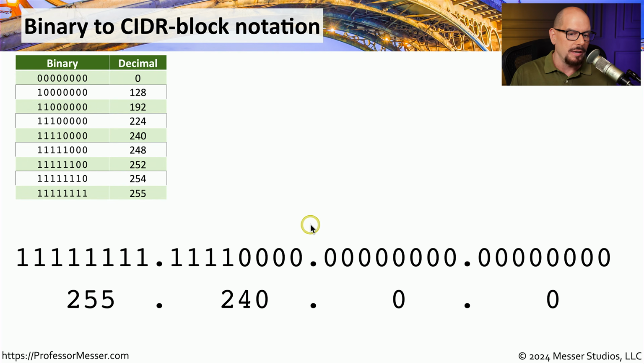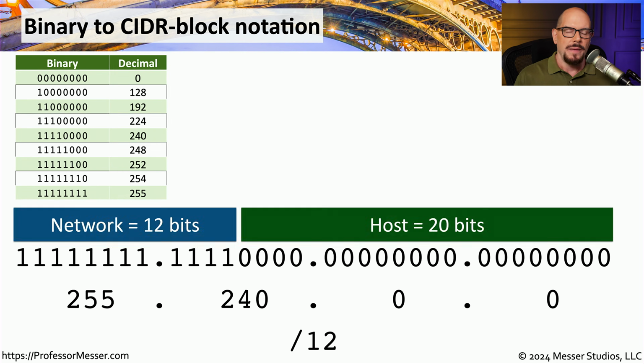And if we were to count the number of ones, we know that correlates back to a /12. So a /12 CIDR notation is the same thing as 255.240.0.0 in decimal notation. And of course, since there are 12 ones, the network section is 12 bits in length, which leaves the remaining 20 bits available for the host ID.